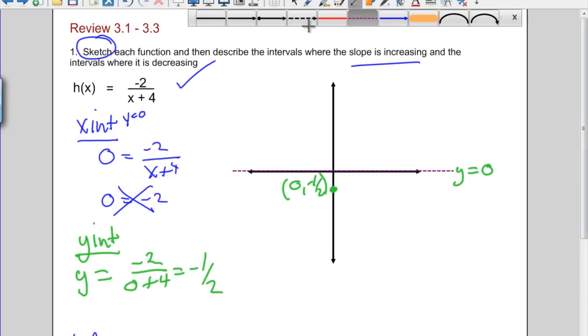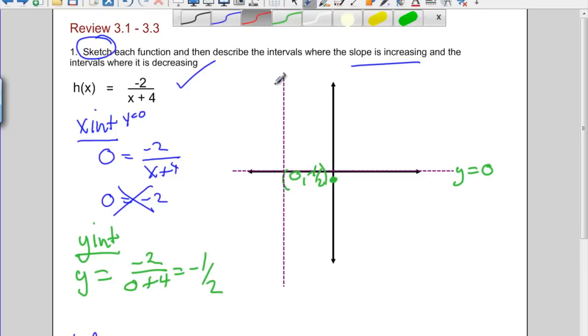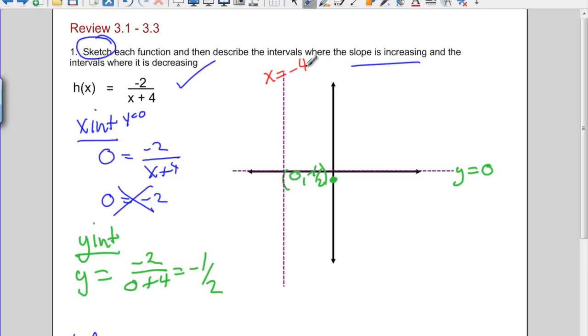Let's go and sketch that. Again, these are not to scale. If it was, that point should probably be up a little higher. And I need to state that x is equal to negative 4 is the equation of that line. We already have the horizontal asymptote. There it is right there. So we're ready to sketch.